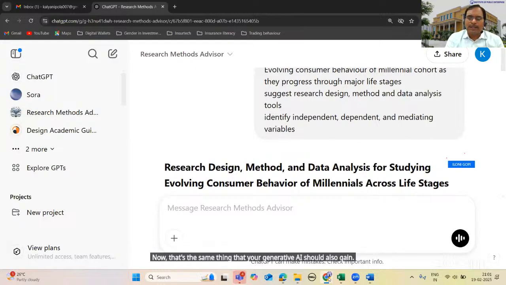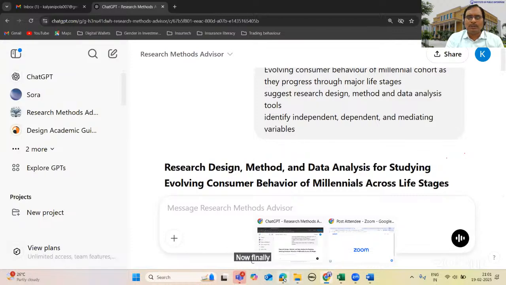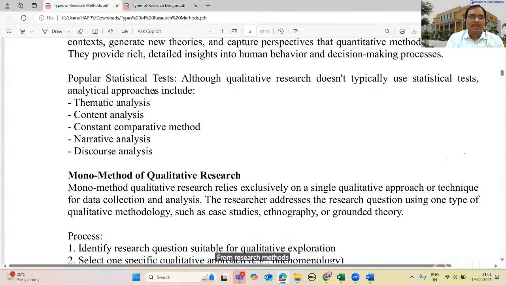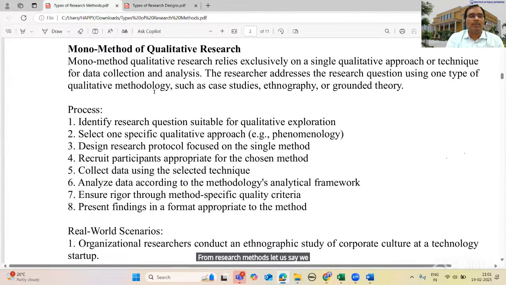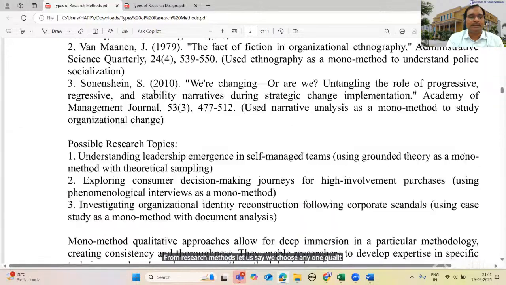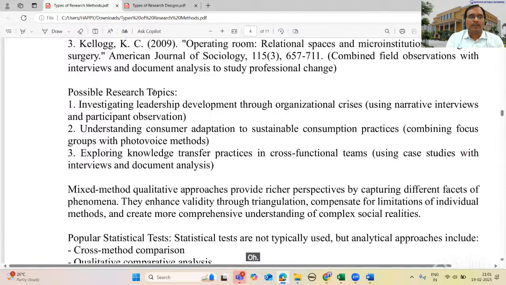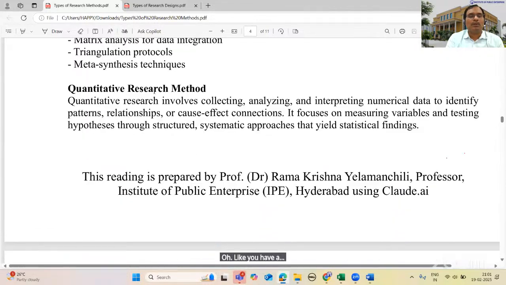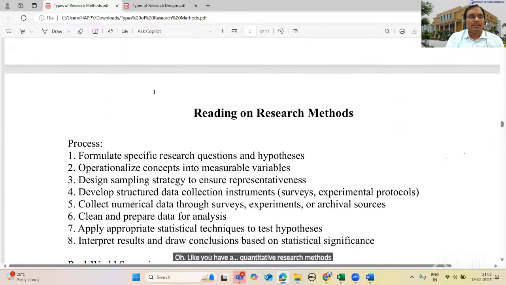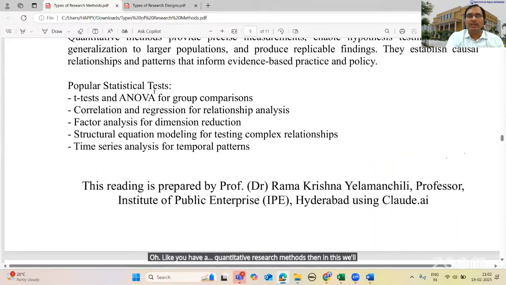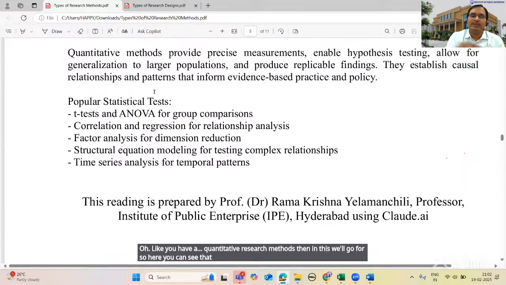Now finally, I want to show you from these research designs. From research methods, let us say we choose any one qualitative method, like you have quantitative research methods. Here you can see in my notes which tests are appropriate for which kind of analysis.